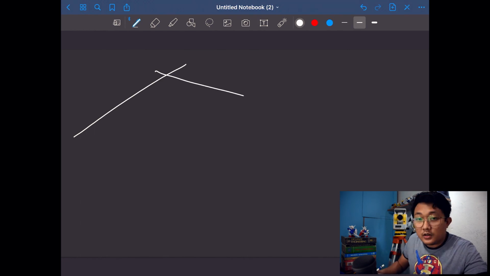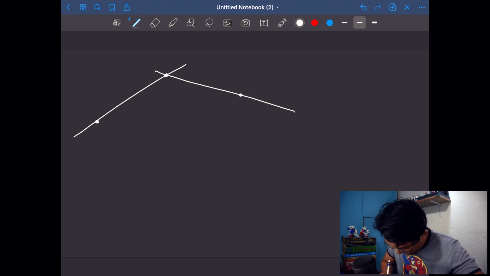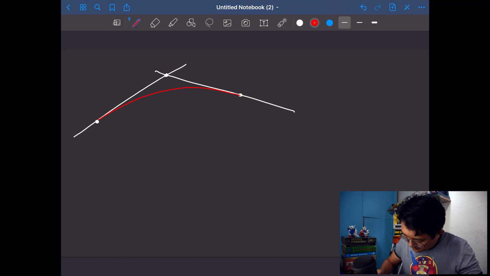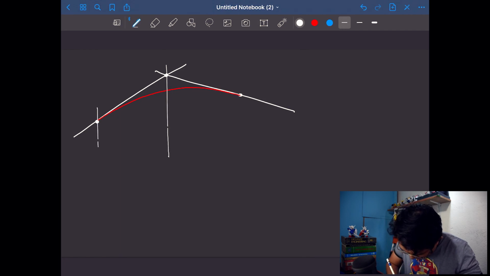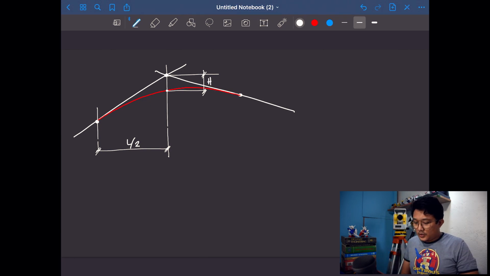I'm going to make it slightly bigger so that we can actually draw a more accurate representation for this. Alright, so that's our representation.